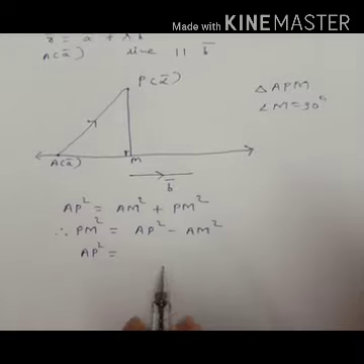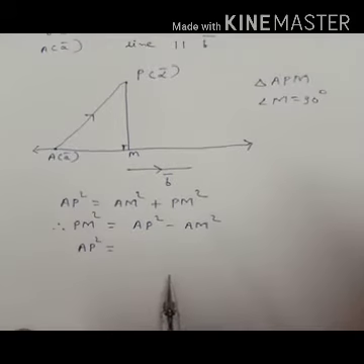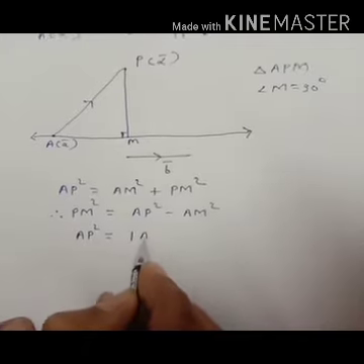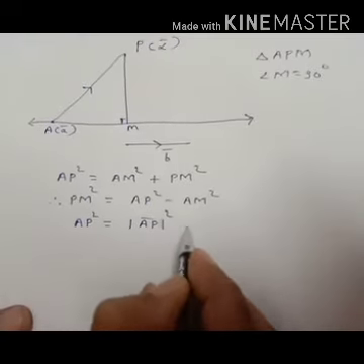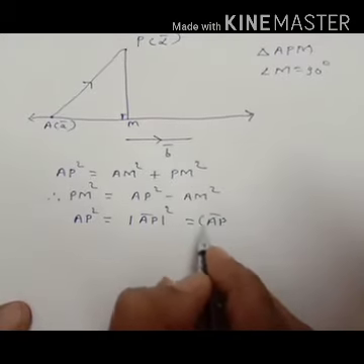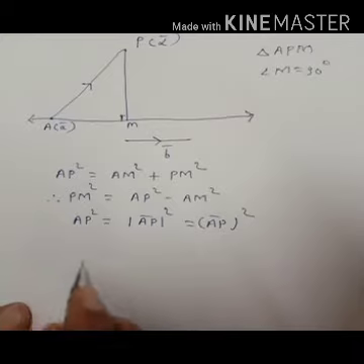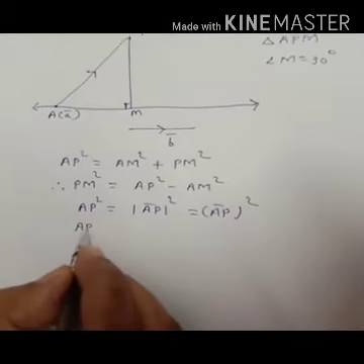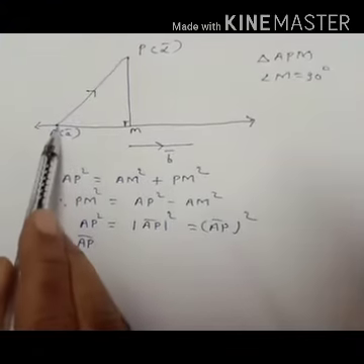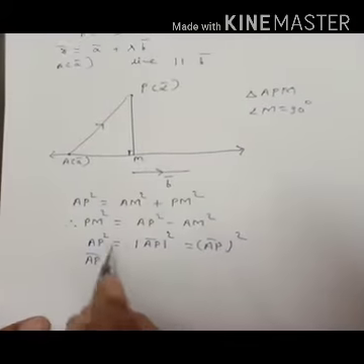Square of the magnitude of the vector, length AP, is the same as the square of the vector AP bar, the vector directed from point A towards point P. A is the initial point, P is the terminal point.